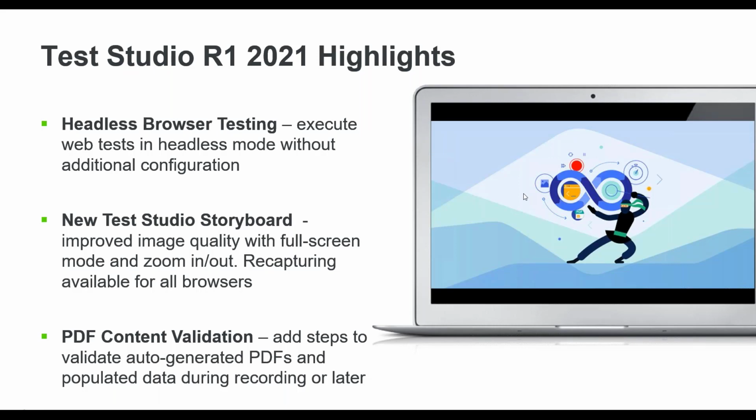And last but not least, we have the PDF content validation step, which is now accessible from our step builder, a brand new option there, where you can add steps to validate PDFs and validate data during the recording of your tests or at a later stage.